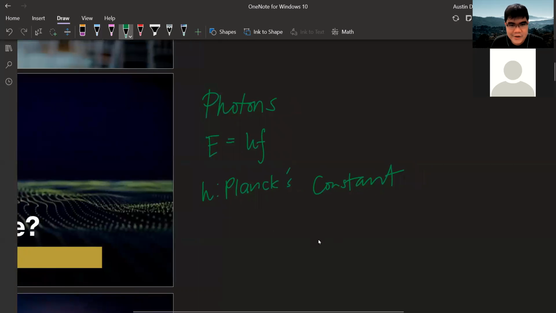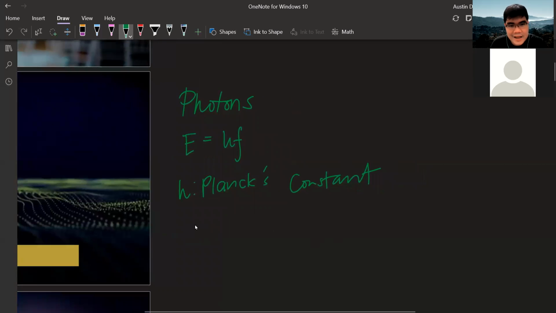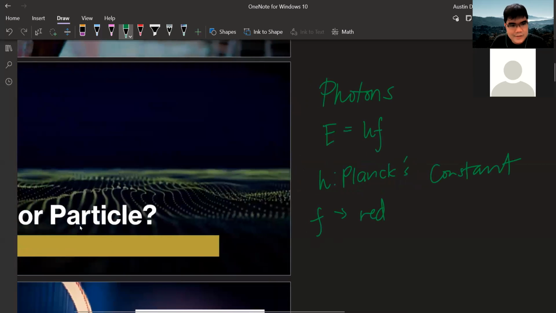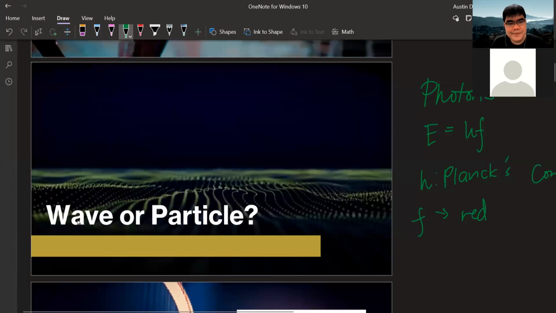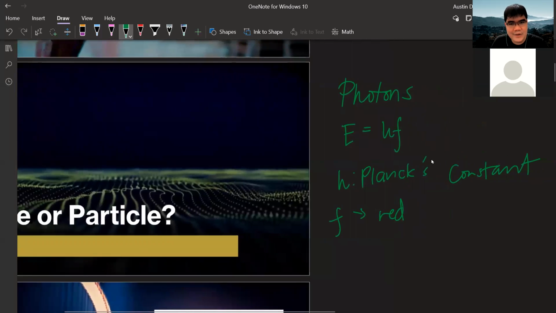Lahat ng photons na makikita natin in that measurement would become red lahat sila. Ibig sabihin may certain frequency sila na related to red. Okay. And then wala kang ma-measure ng kalahating value nito. Laging by units siya. Okay? So, ayun. That's our particle of light, photons.